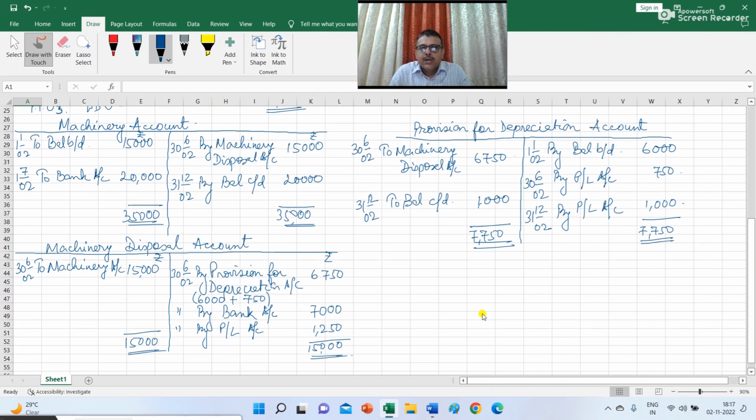This is the current year depreciation. Now on 30th June that asset was sold, so I have to transfer this figure of 6,750 to machinery disposal account. So on the debit side of the provision for depreciation account, I have written to machinery disposal account 6,750. Again on 31st December 2002, I have charged depreciation on the new machine for 6 months for rupees 1,000, and the balancing figure rupees 1,000 is the balance of the provision for depreciation account.